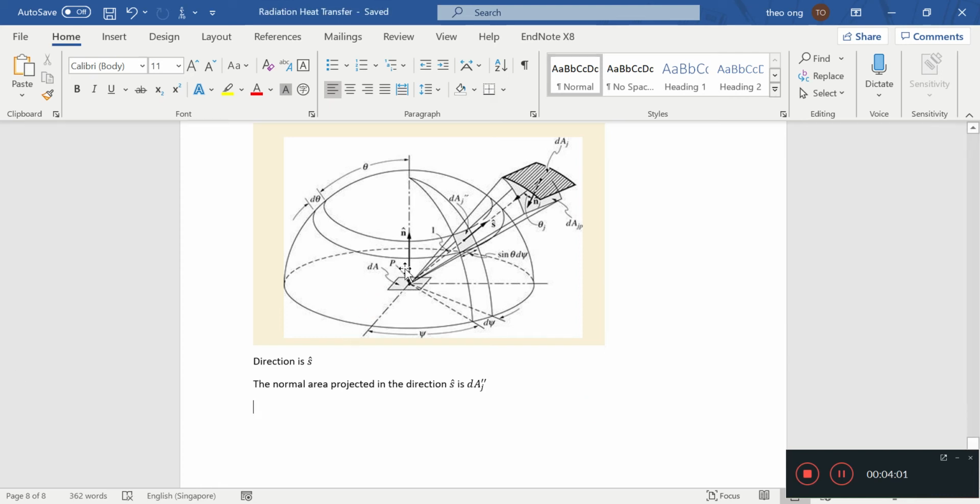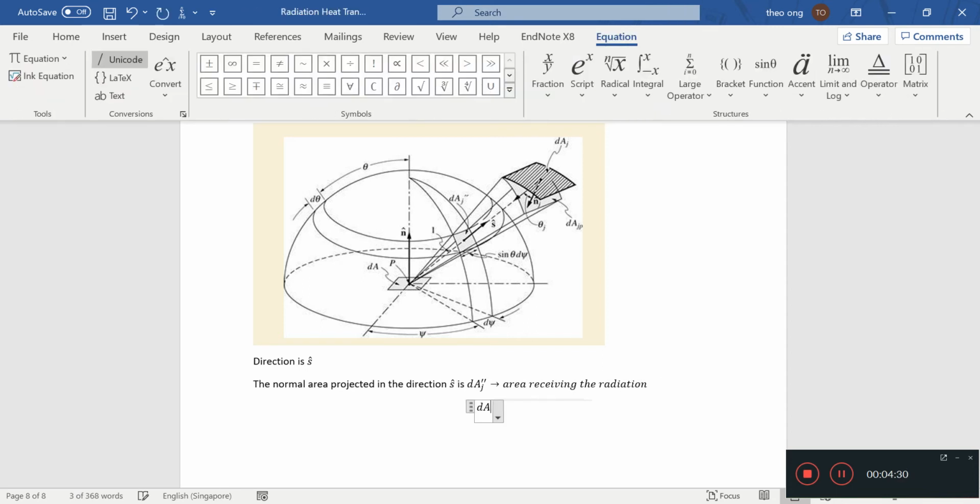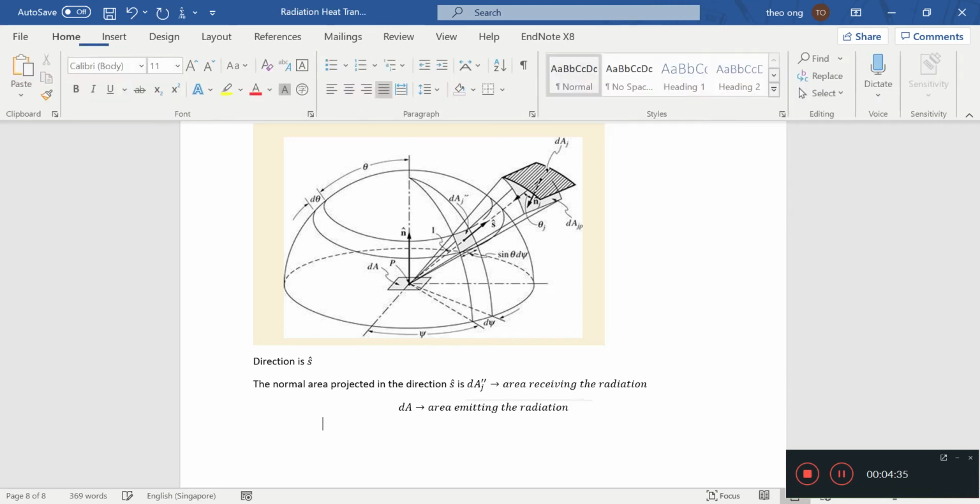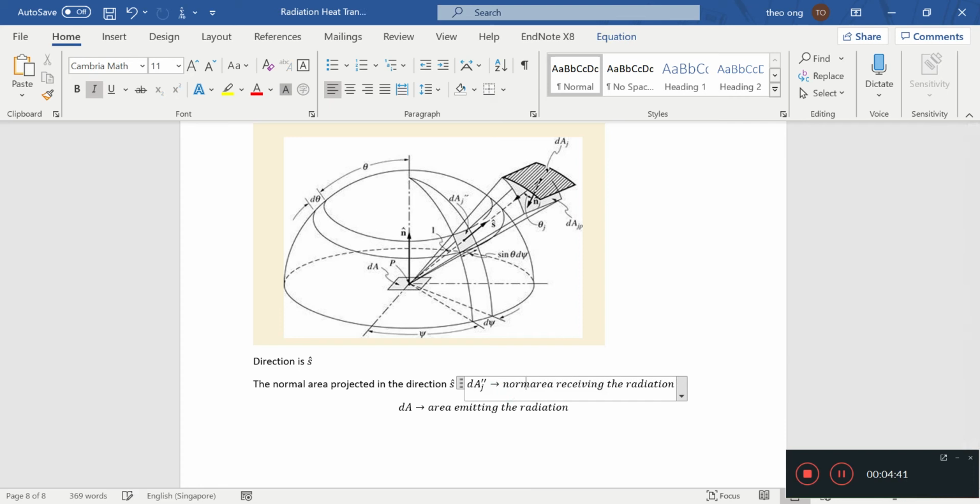Remember there are two different areas we are talking about here. One is dA, the area of this surface emitting radiation. The other, dA double prime j, is the surface area that's receiving the radiation. So we have to make that distinction. This is the area receiving the radiation, and dA is the area emitting the radiation. And this one is the normal area.